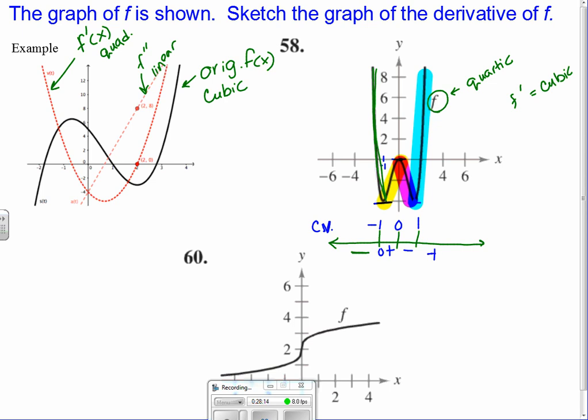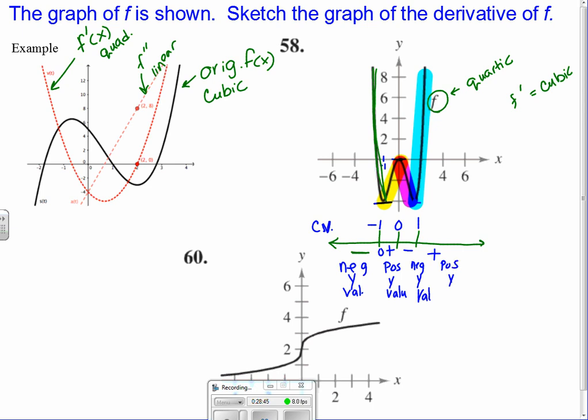For increasing functions, our derivative will be positive. So I want my derivative graph to be negative, then go to positive y values, negative y values, positive y values. So this is going to be negative y values, positive y values, and you get the picture, negative y values, and back to positive y values.